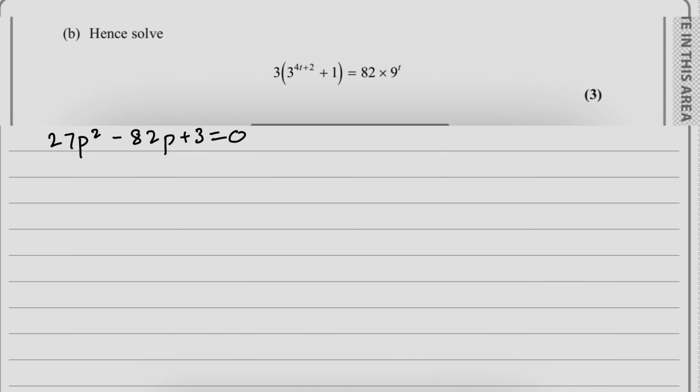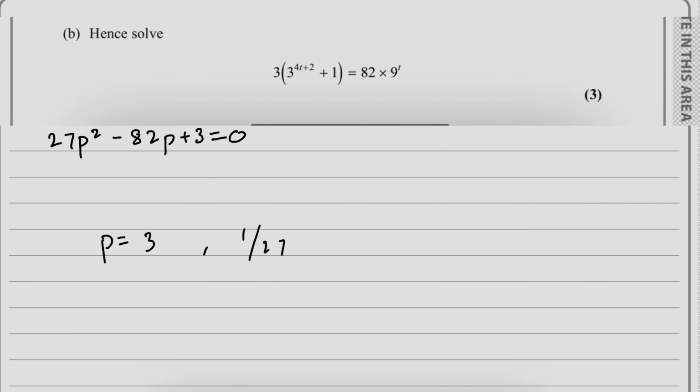Now, this is a quadratic, and you can just use your calculator to solve this. 27, minus 82, plus 3, that's equal to, so p is equal to 3 and 1 over 27.